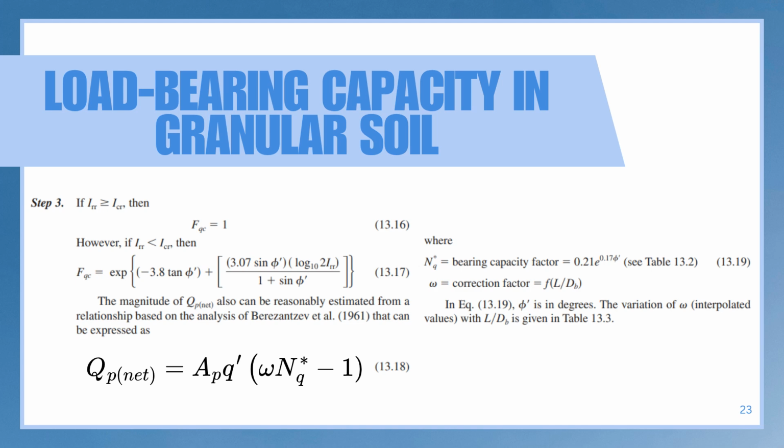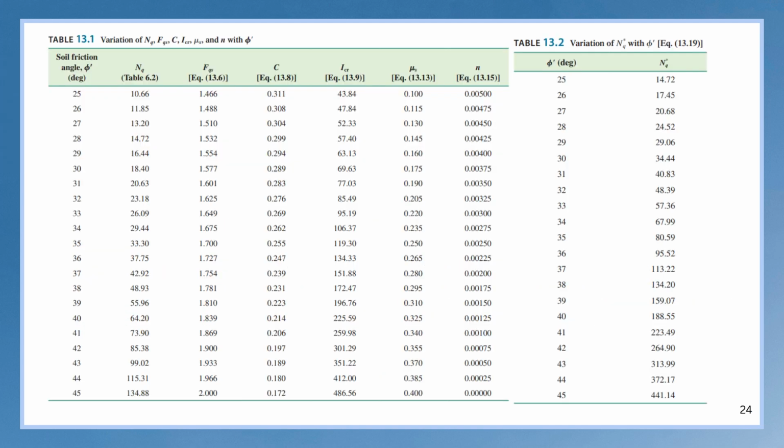The variation of omega is given in table 13.3, where interpolated values are used depending on the L over d_p ratio. This table 13.1 shows how key parameters vary with the soil friction angle φ'.